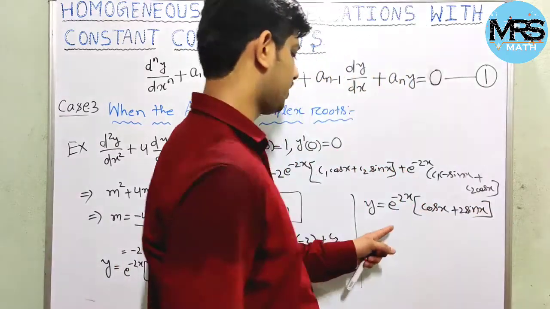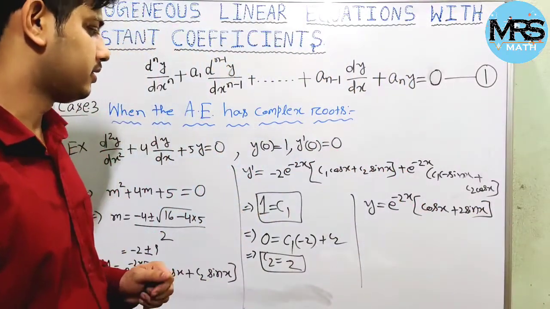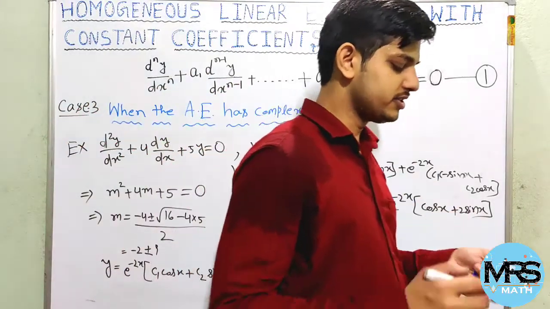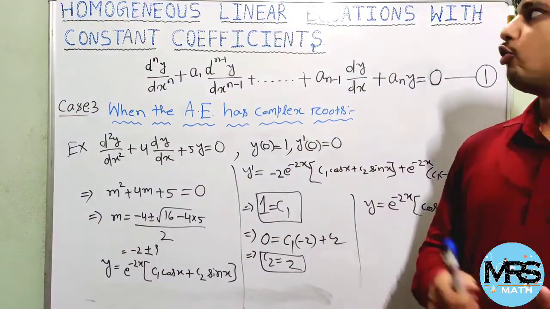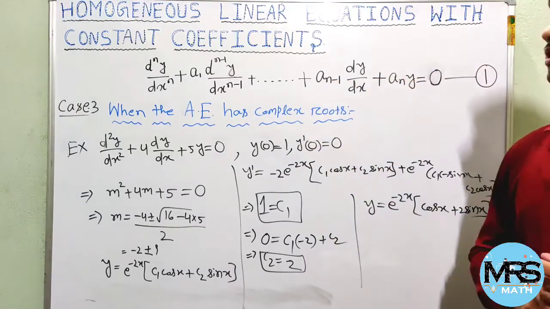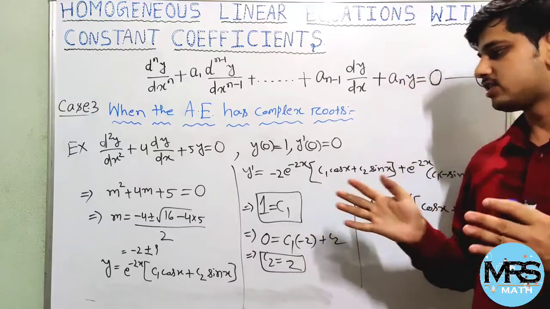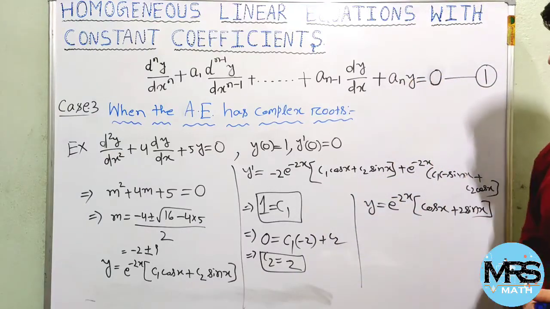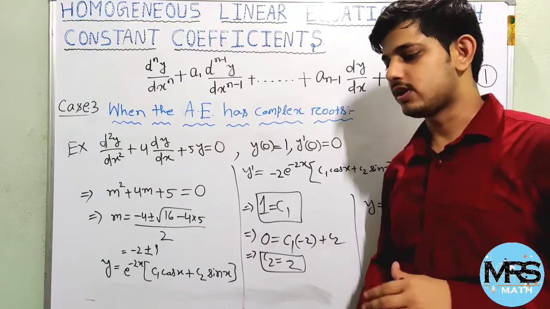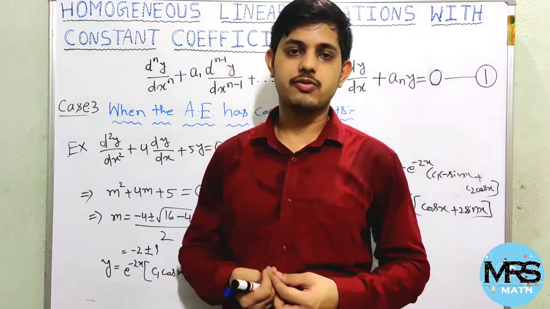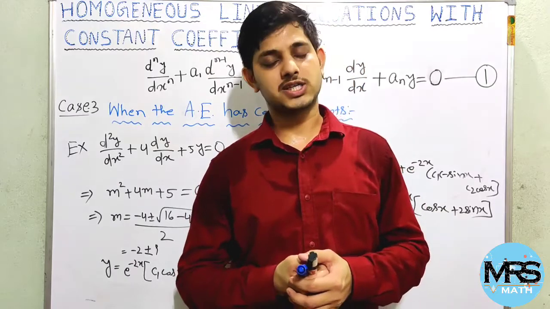So this is our complementary function, and this is also our general solution. So this is all about the homogeneous linear equations with constant coefficients. Already I have discussed different types of auxiliary equations, and how we are able to get the auxiliary equation. Everything I explained in detail.